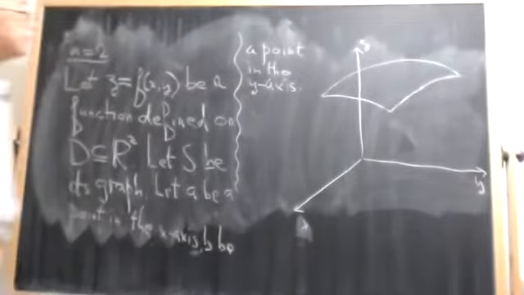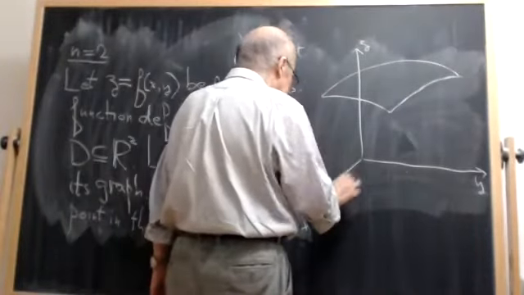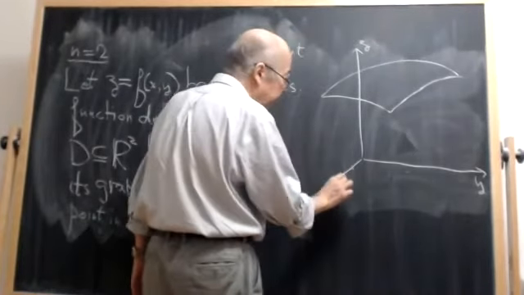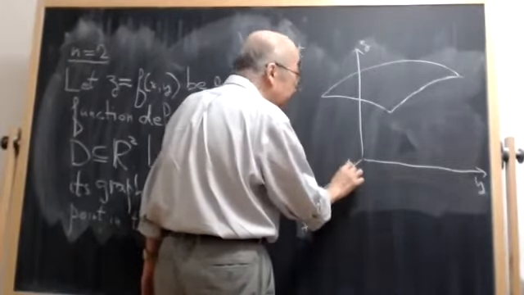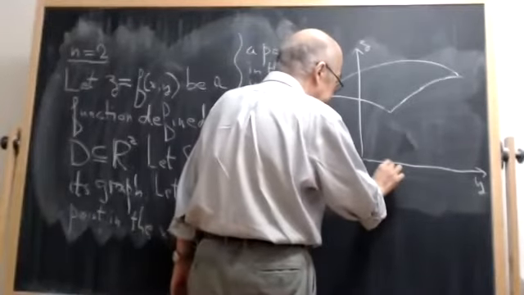So let's say this is the point A. This is A. And then this is B.